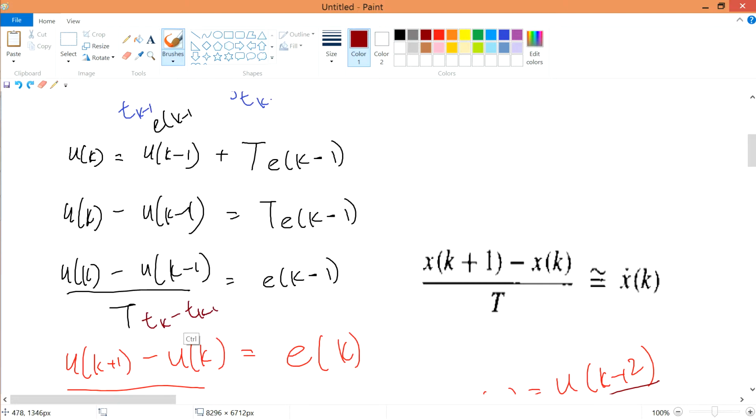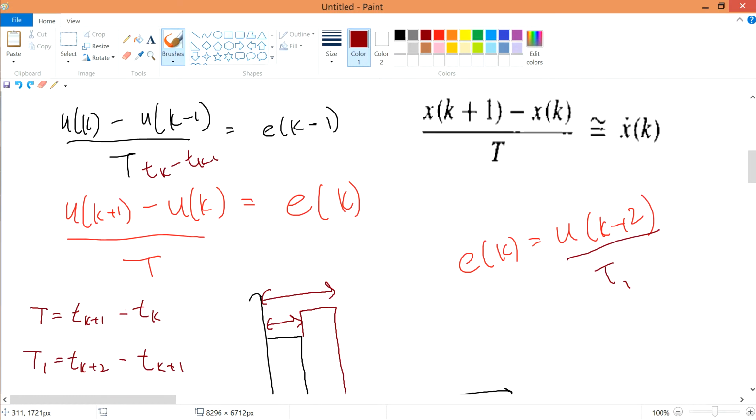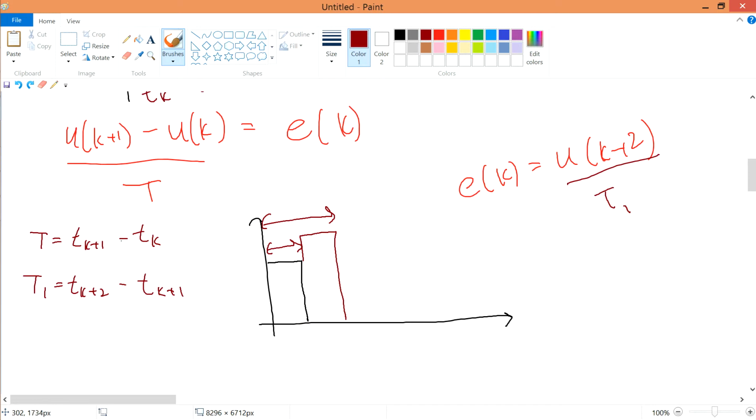So if I were to do k, I will change to k plus 1. Over here, this k, I also have to change to k plus 1, right? So the k minus 1, I also change to tk, follow suit. So this t belongs to this one, okay? So it's equals to ek, where your ek is equals to uk plus 2 divided by t1. This t1 is actually this t1 over here.